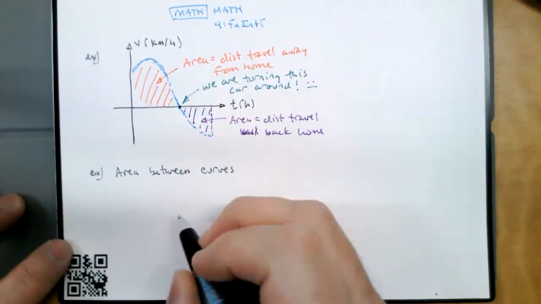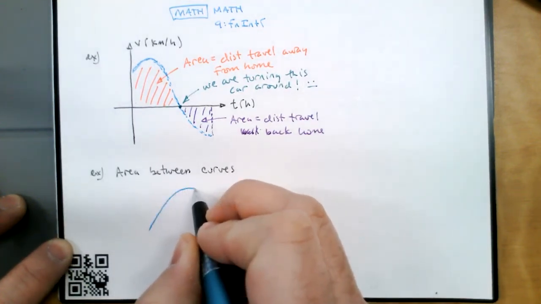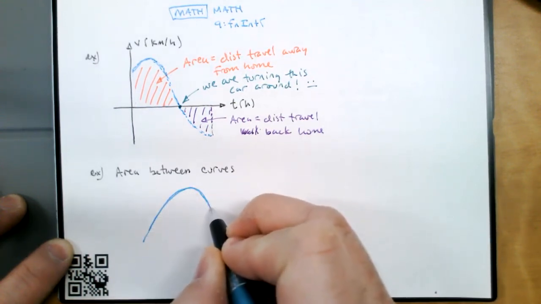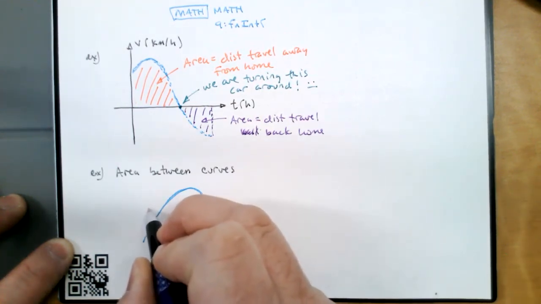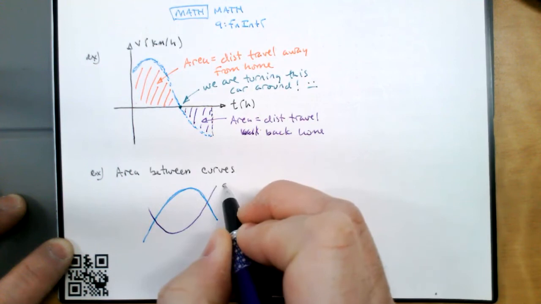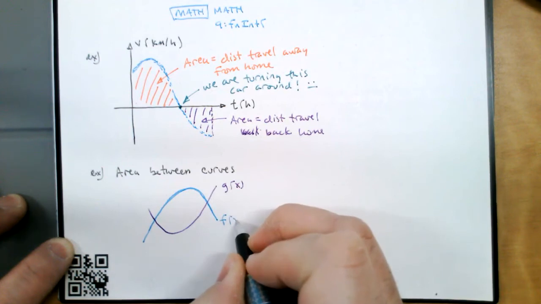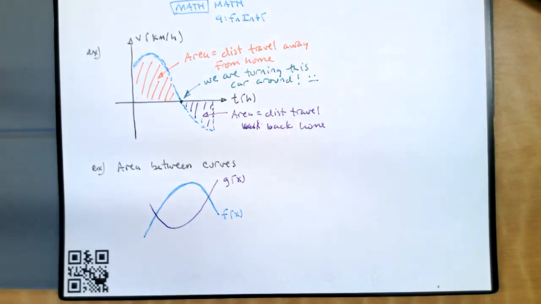I'm just going to draw a generic one curve, and then some other curve. So we want to find the area below f of x, but above g of x, instead of just above some interval in the xy plane.